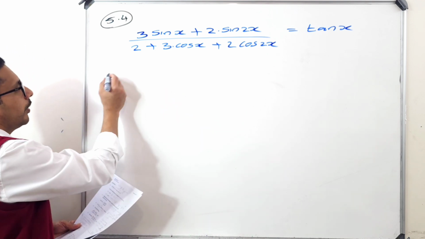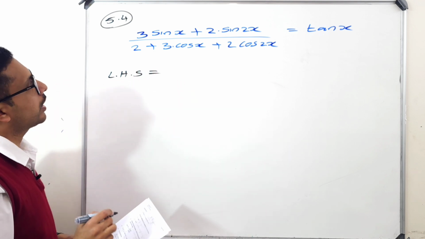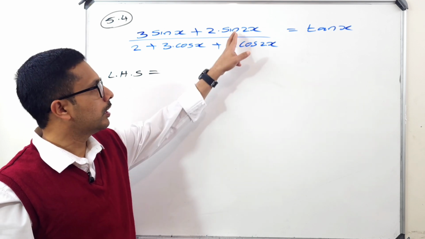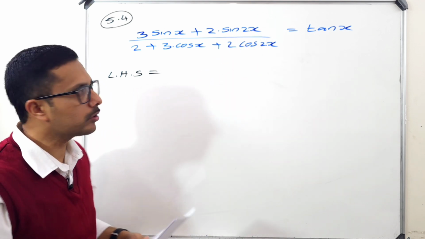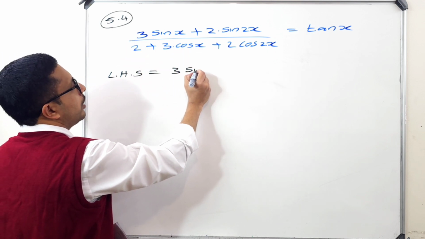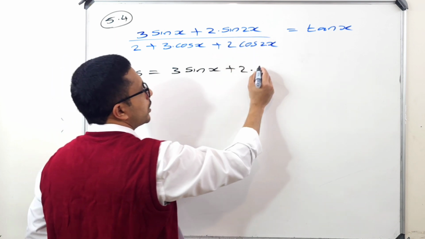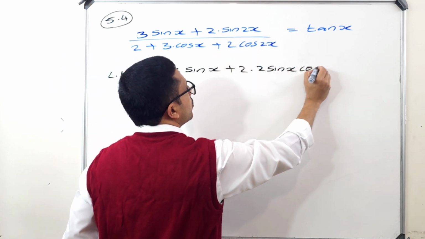Okay, so left hand side is equal to 3 sin x plus 2 sin 2x. I know what you are thinking now. This sin 2x is a double angle, so we can apply the double angle formula. So what is that one? 3 sin x plus 2 into sin 2x, which is 2 sin x cos x.